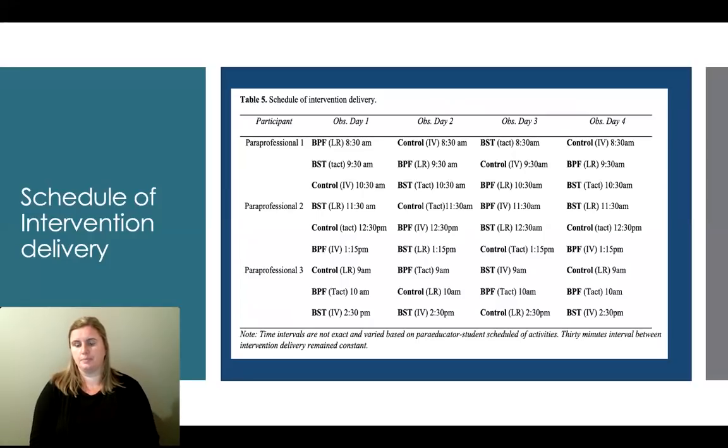At least a 30-minute period elapsed between training deliveries, and this was due to classroom schedules, student schedules, and availability of the participants during the day. Of course, ideally, we would have liked more time in between training deliveries. However, 30 minutes appeared to be sufficient not to exert any influence on the following training.